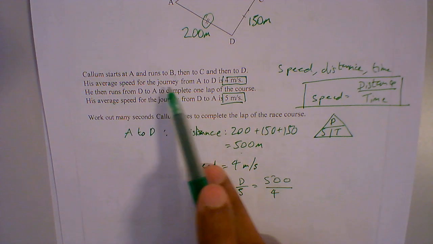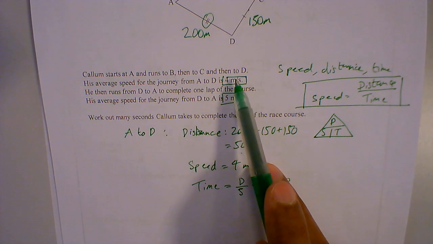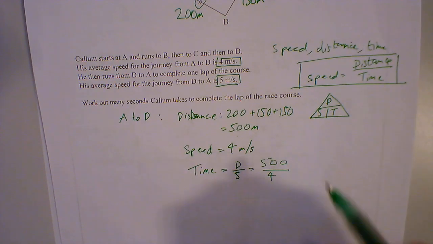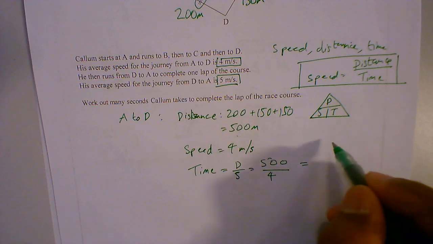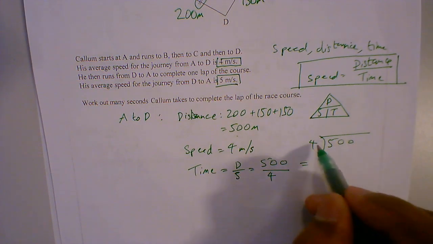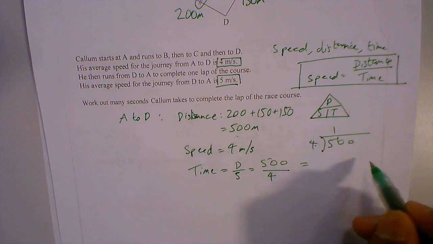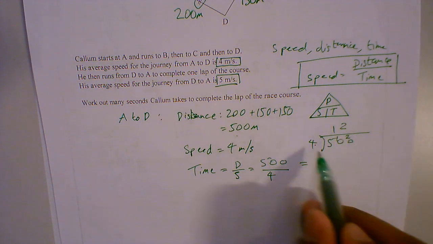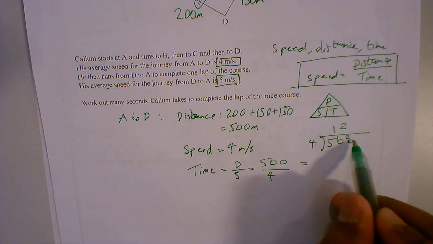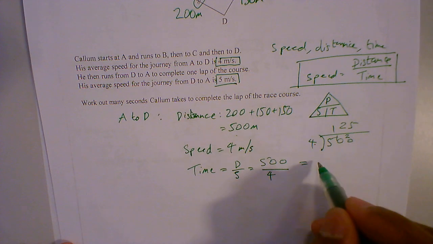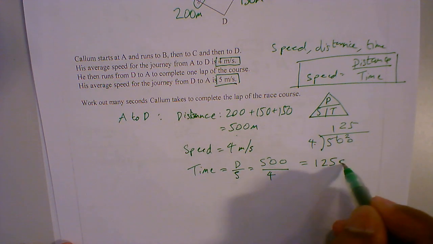I can do long division. 500 divided by 4. 4 goes into 5 once, remainder 1. 4 goes into 10 twice, remainder 2. 4 goes into 20, 4, 8, 12, 16, 20, 5 times. So my answer is 125 seconds.